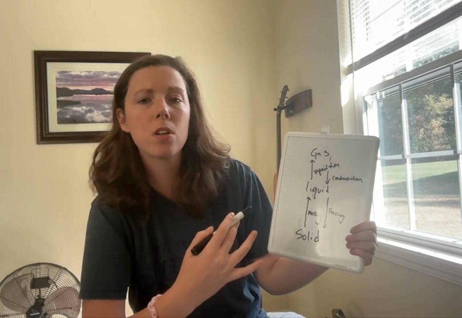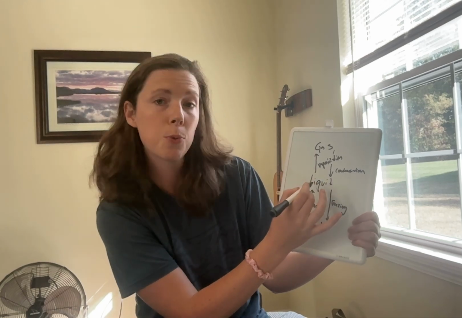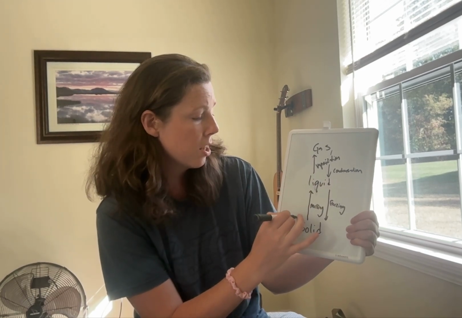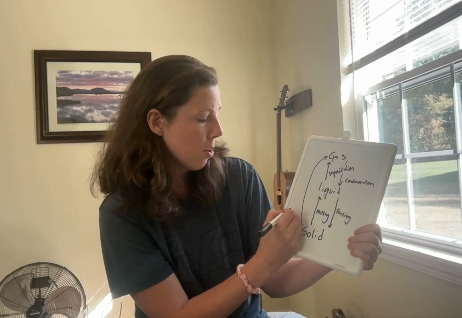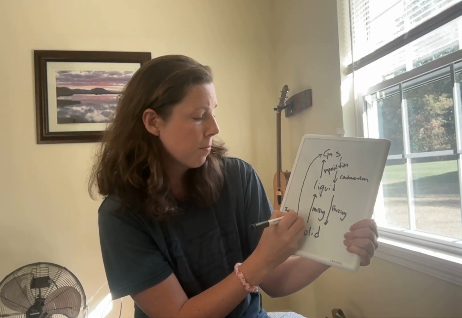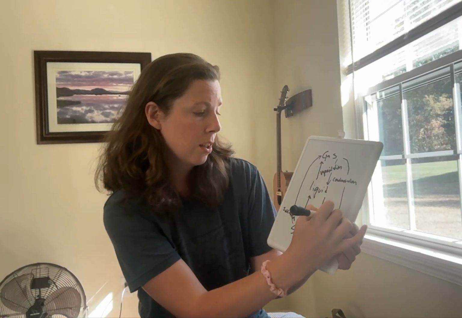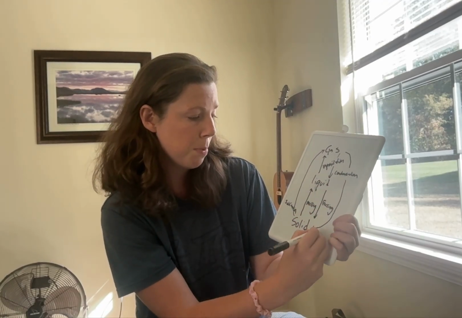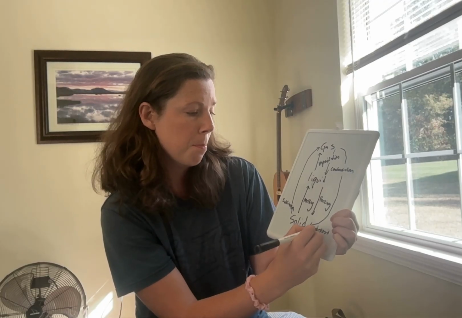And then one that we're maybe not as familiar with is just skipping the liquid phase altogether and going straight from solid to gas. This would be called sublimation. And then going the other way, gas to solid would be called deposition.